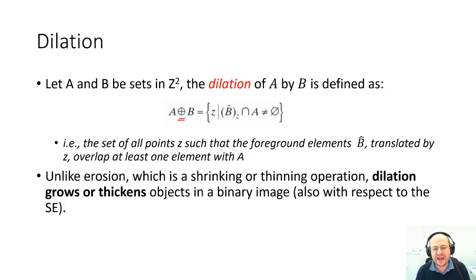So I'm going to collect every center of the structuring element such that the intersection with the foreground pixels is not empty. Unlike erosion, which is a shrinking or thinning operation, dilation grows or thickens objects in a binary image, always with respect to the structuring element.